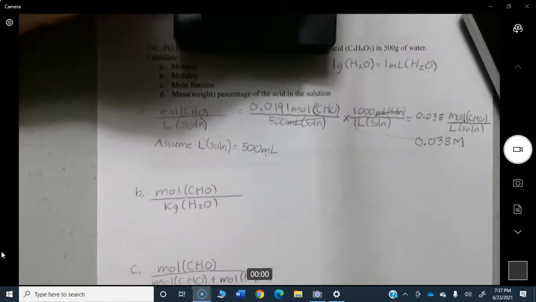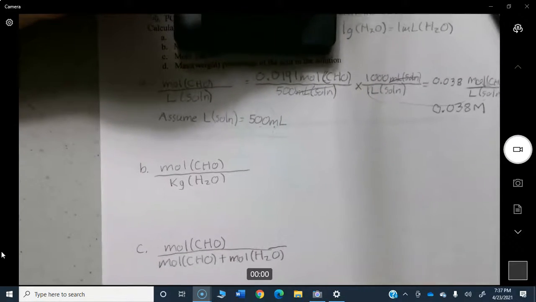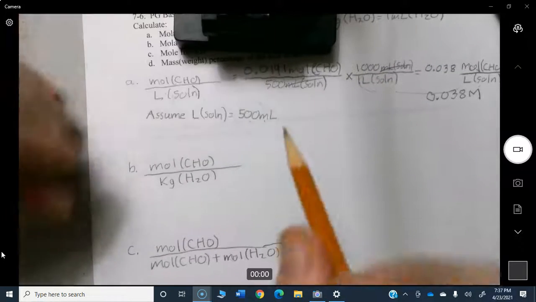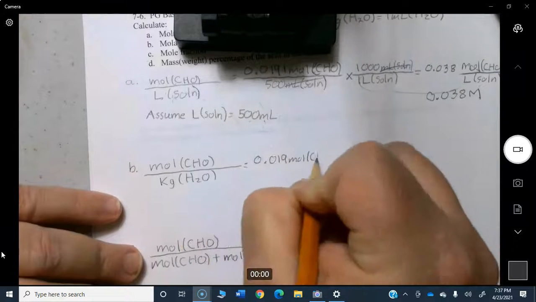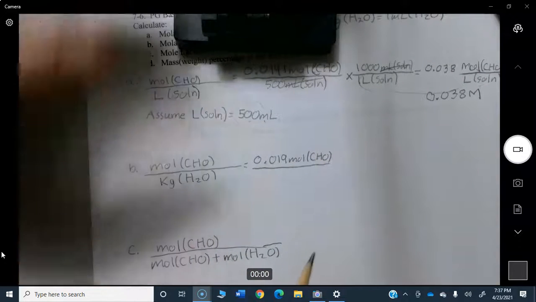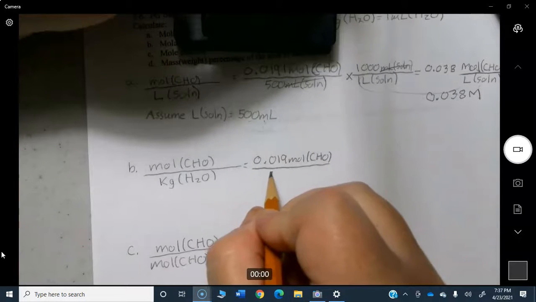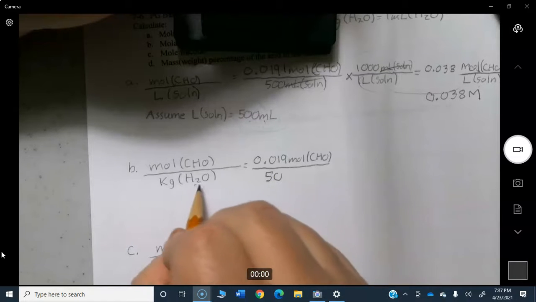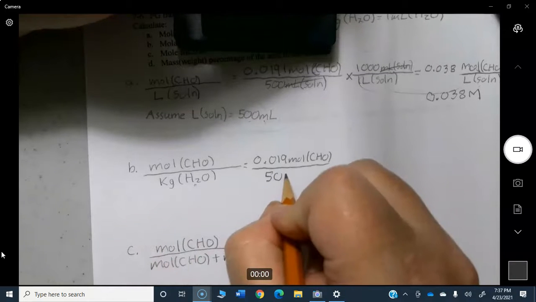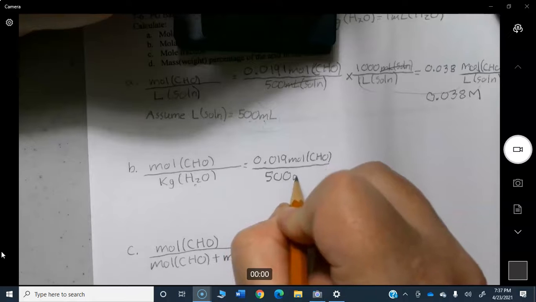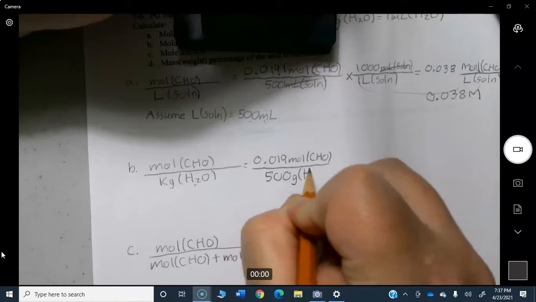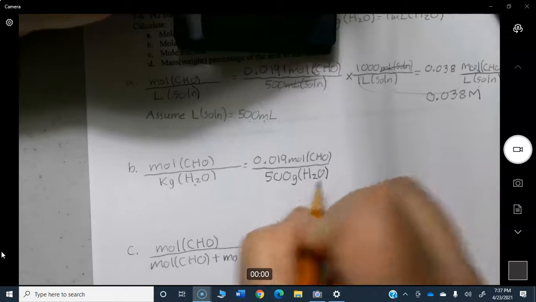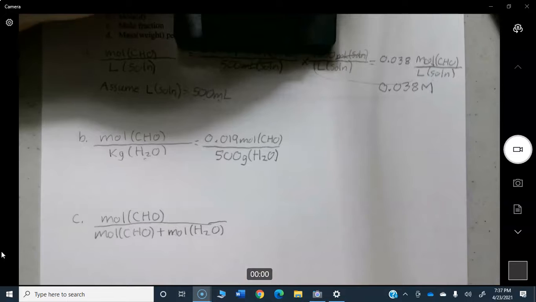Okay, let's keep going. So now we have molality. Here it is. So again, it's moles of CHO over kilograms of solvent, and that's the water. So we can actually use the actual amount and go ahead and put in our 500 grams of H2O that we know we actually have. We don't have to make any approximation or assumption here.